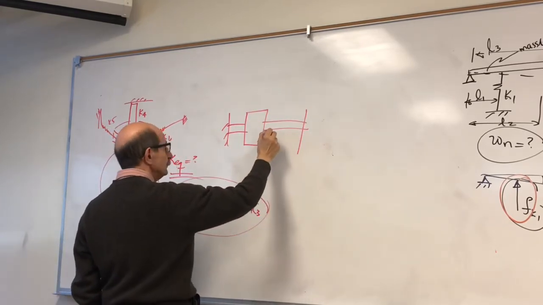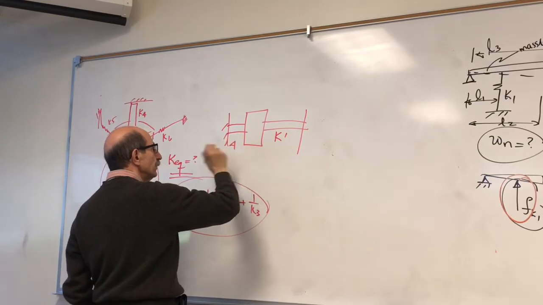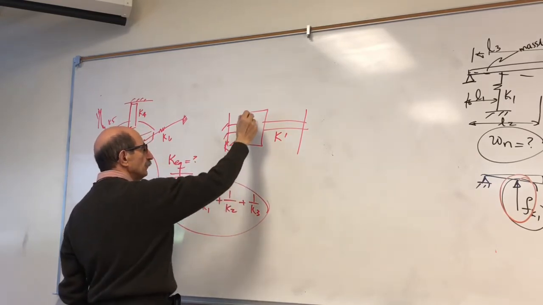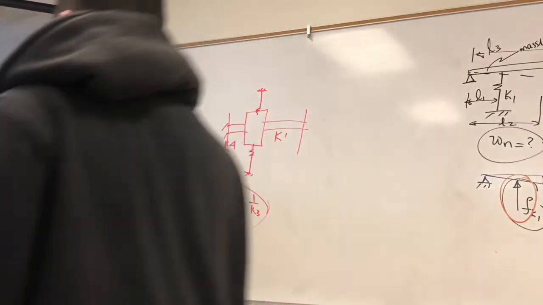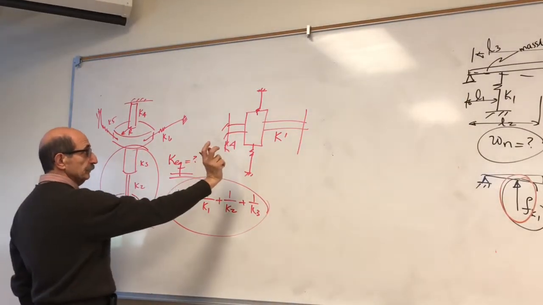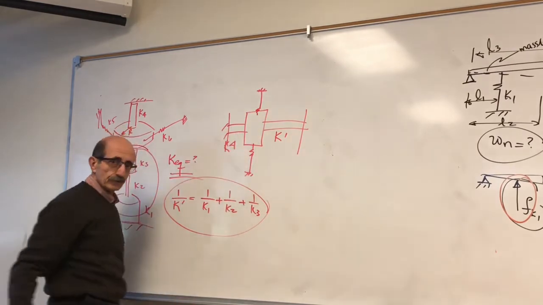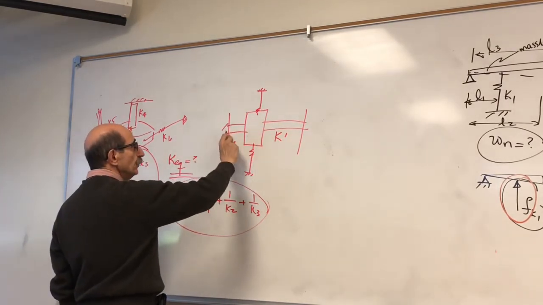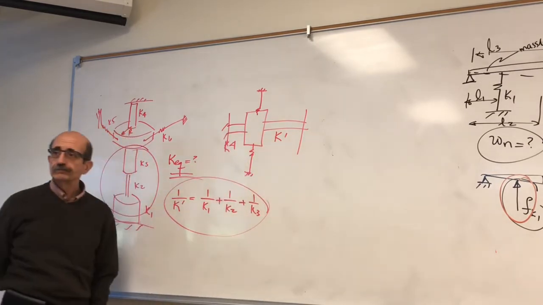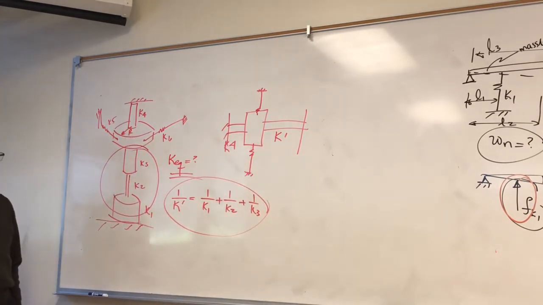So you have this K prime, you have this K4, right? And of course you have these 2 springs. Now, if I rotate this mass, are these in series or in parallel? Are they subjected to the same force or do they experience the same deformation?